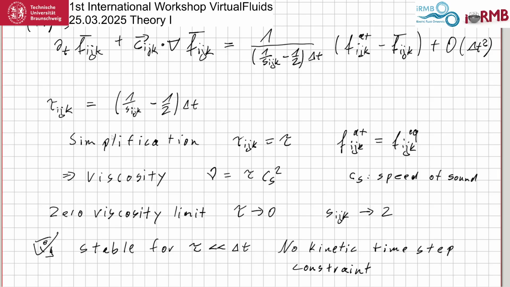If you have a small velocity set and you still want to change the speed of sound, then you introduce an anisotropy, and this introduced anisotropy can be compensated by choosing a different kind of anisotropy in the relaxation rates, chosen in the opposite way, such that these two anisotropies completely compensate each other.